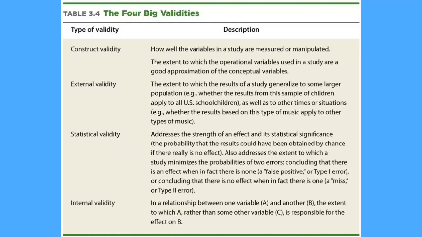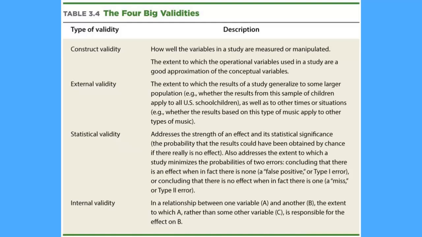It's just a complicated concept. Numbers scare people. So just know that statistical validity has to do with the strength of an effect, direction of an effect, and then the statistical significance. And again, if you end up taking statistics, we will elaborate on that there.